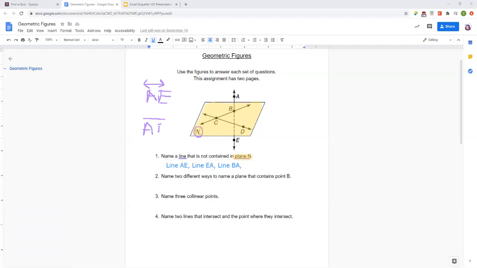This is a line segment. Okay, so if the question's asking about line segments, make sure that you don't have arrows on the end. You do not want arrows when you're talking about line segments. It's just a helpful hint from me to you. Hopefully it is helpful.